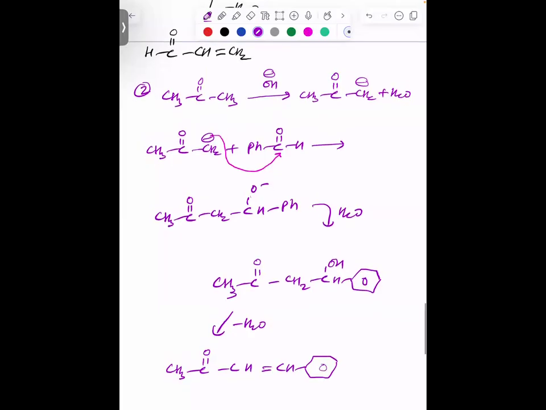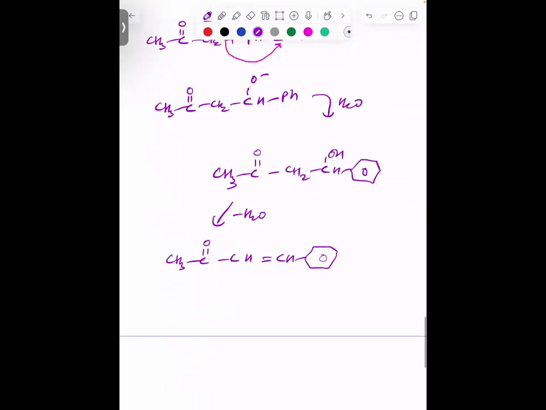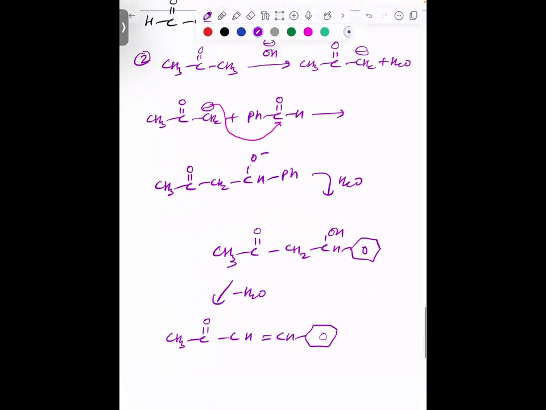Okay, students, note it down. So after this, we'll discuss oxidation and reduction.